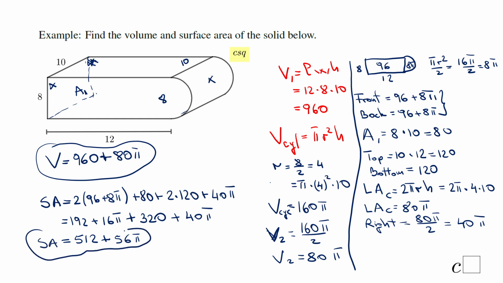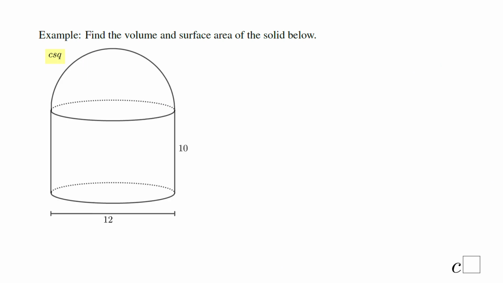Okay, let's move to our next example. What do we have here? We have a cylinder and half of a sphere. Very similar approach. We're going to find the volume of the cylinder first. I'm going to call it V1, which is pi r squared h, if you remember. Let's see, what do we have here? Pi times, how much is the radius? If you notice, this is not the radius, this is the diameter.